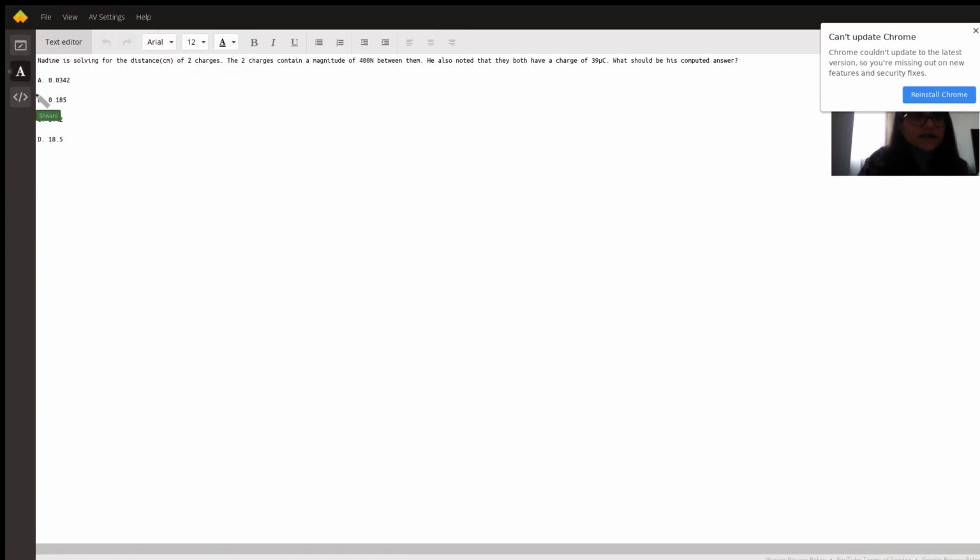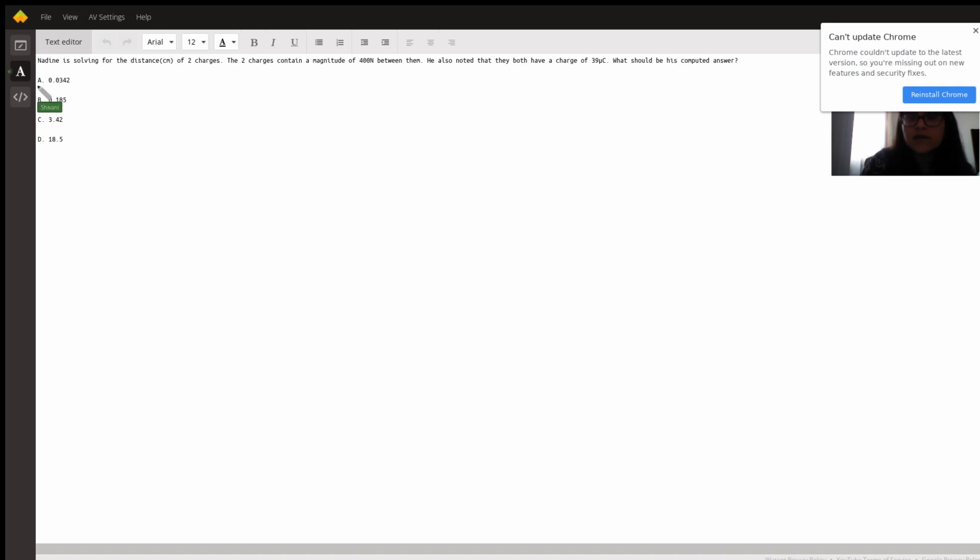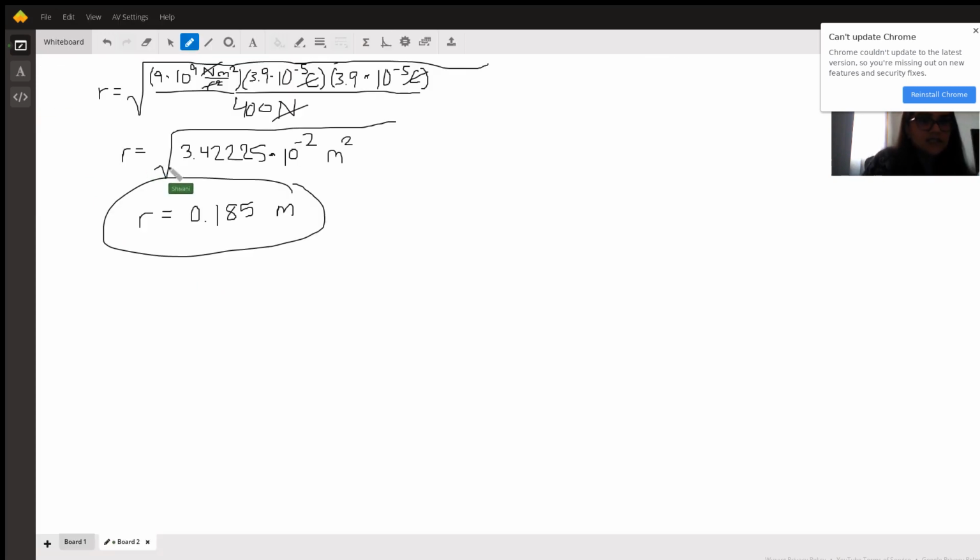Let's take a look at the choices. So what would be his computed answer? So now we got that R is equal to 0.185 meters. Now the question is asking for the distance in centimeters between the two charges. So we need to convert this into centimeters. So there's 100 centimeters in 1 meter.